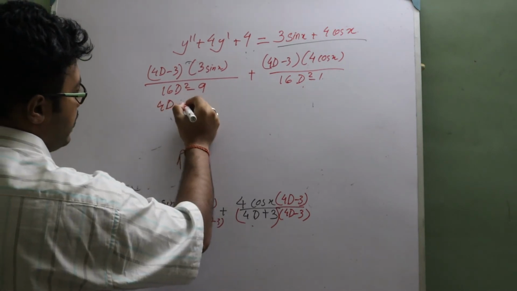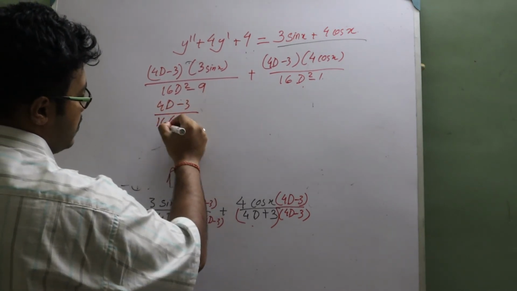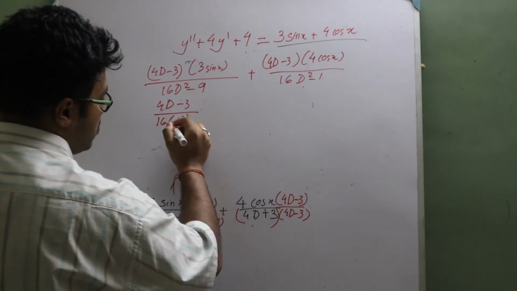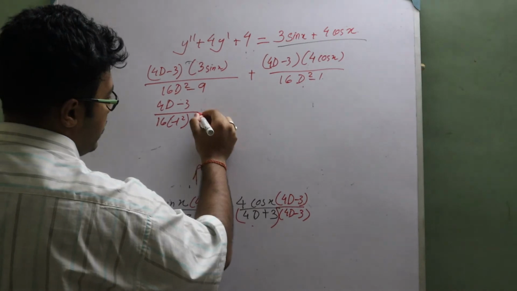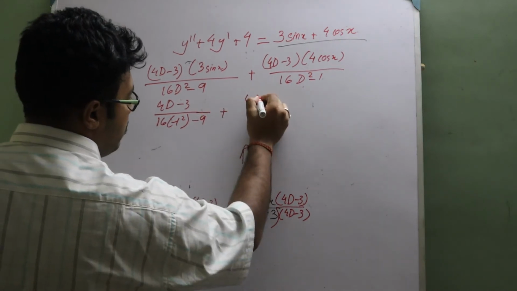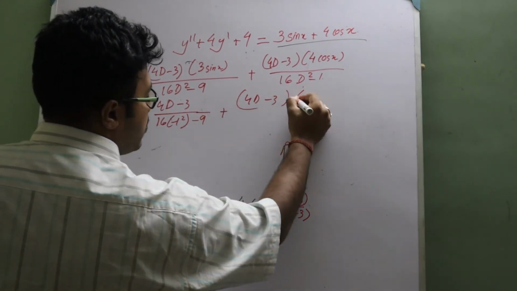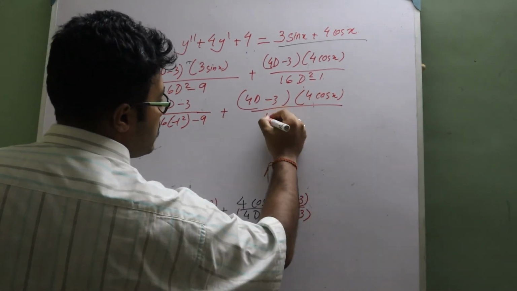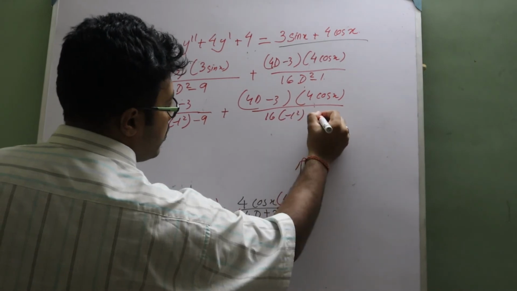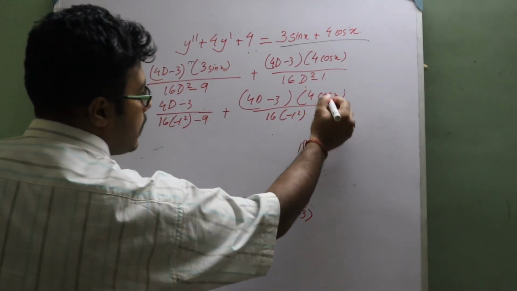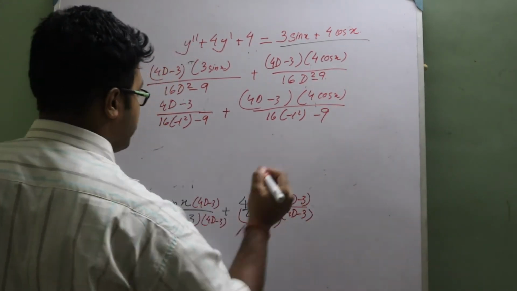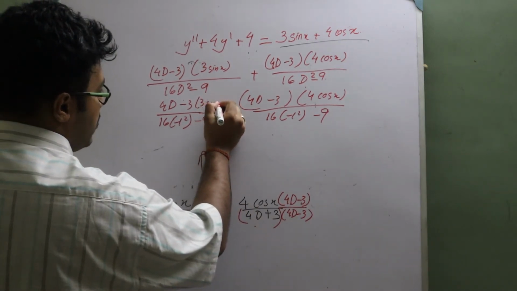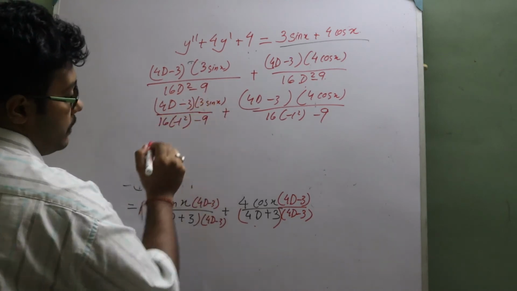So 4D minus 3 by 16 into minus 1 whole square minus 9, plus 4D minus 3 into 4 cos x by 16 into minus 1 whole square minus 9. Sorry, this will be 9. And there will be a 3 sin x. I have done a small mistake here.